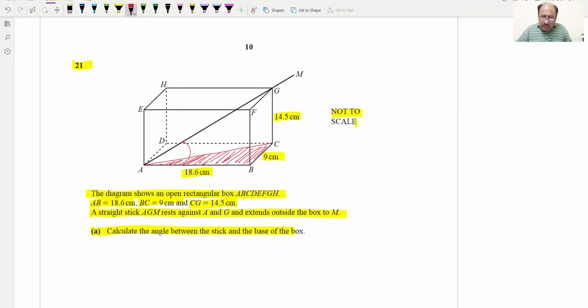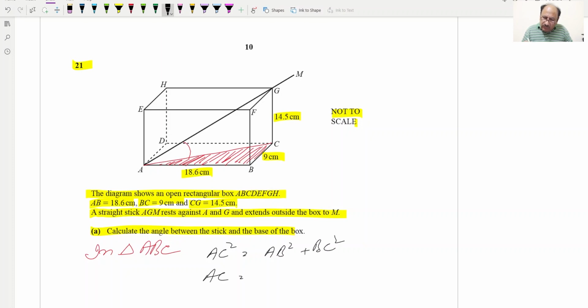In triangle ABC, we will apply Pythagoras theorem. AC squared is equal to AB squared plus BC squared.